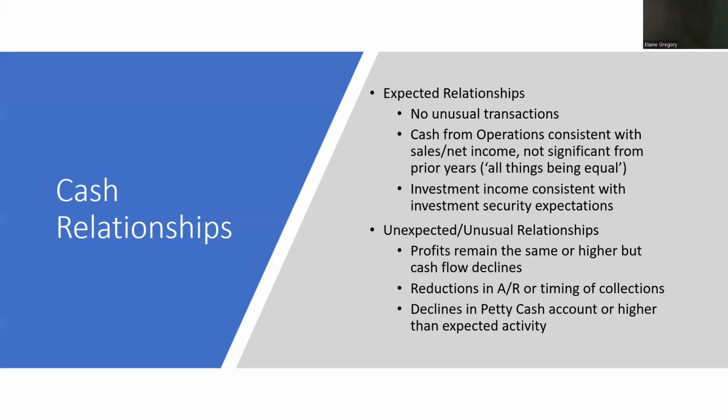It might be something is going on, or it could be that the organization is evolving in its use of petty cash and you want to increase the petty cash limit. However, if you start getting requests for arbitrary increases in petty cash, you certainly want to look into that and find out the rationale as to why those increases are being requested.